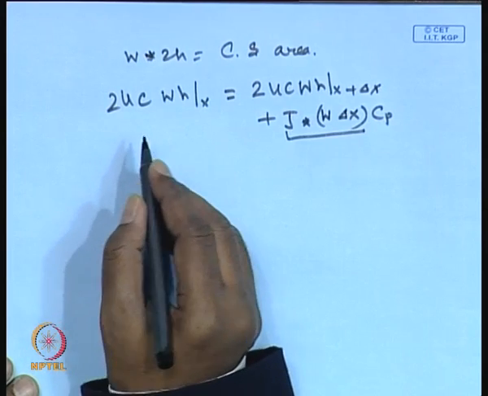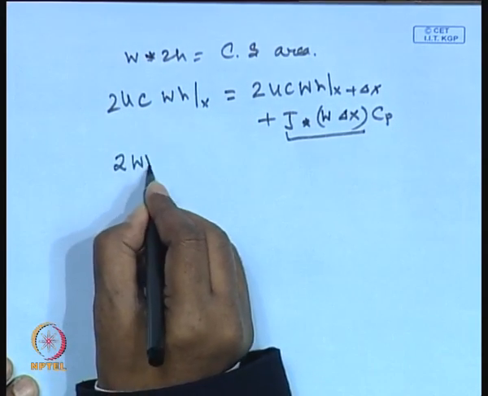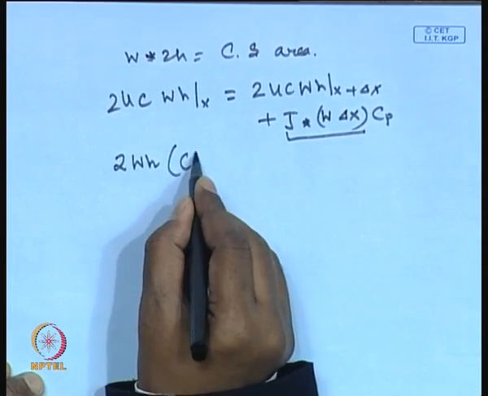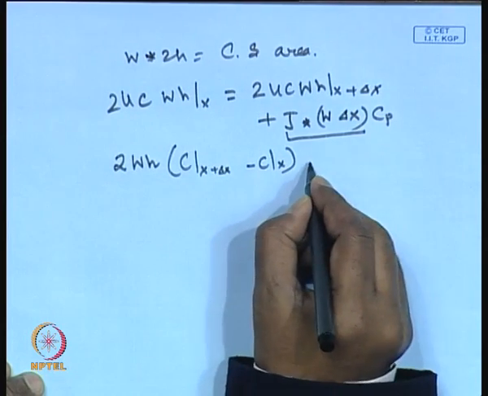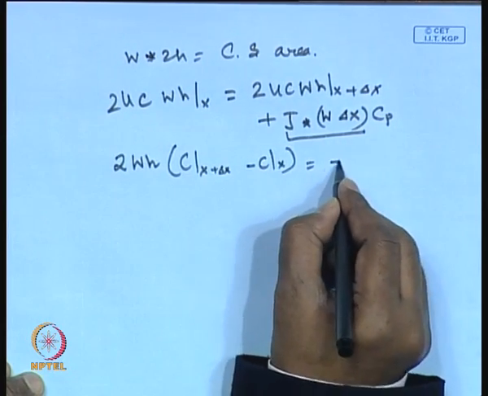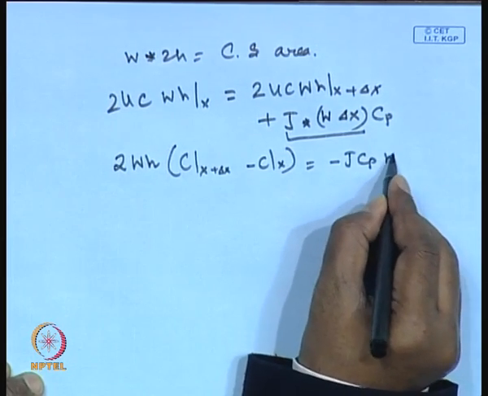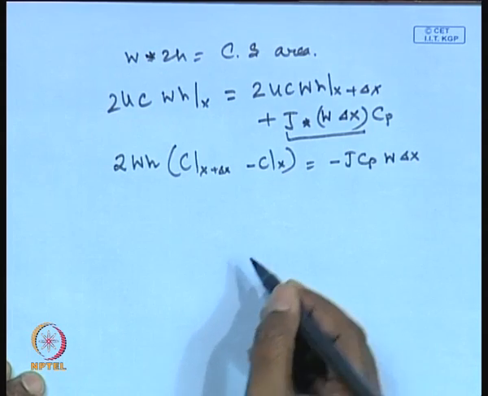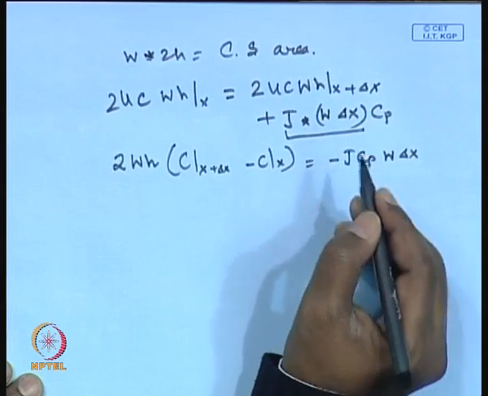So, what you get is that 2 W H is common, C at x plus delta x minus C at x is equal to minus J times Cp times W times delta x, right. There are two surfaces, so there will be a 2 here, W times delta x multiplied by 2.